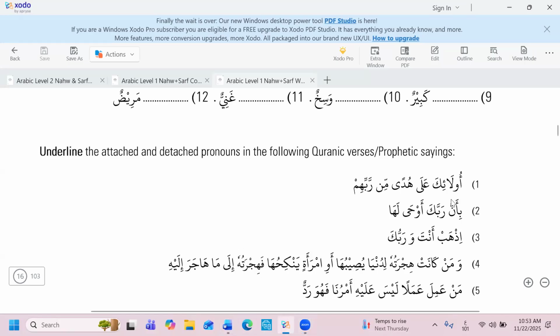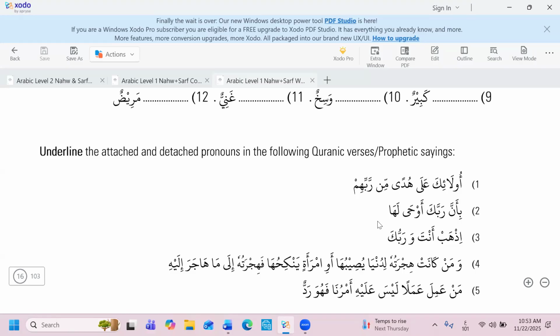All right, so leave the word ulaika for now, but can you see any pronouns in that sentence? Him, attached or detached? Attached. بأن ربك أوحى لها. Ka. Yeah. Anything else? Laha. Laha in laha.